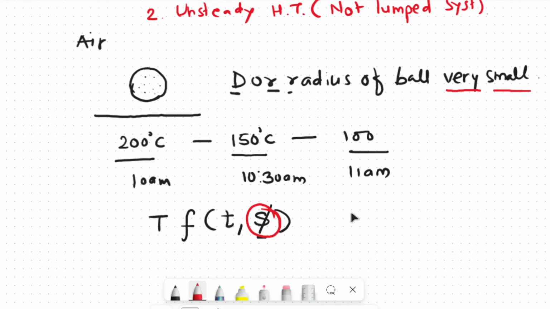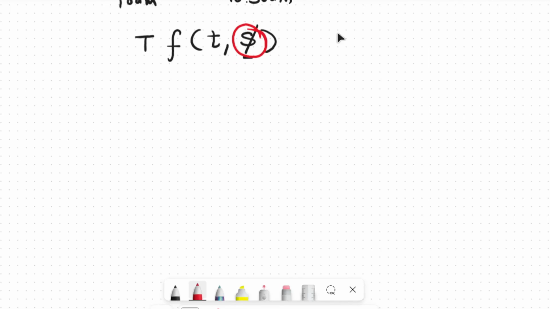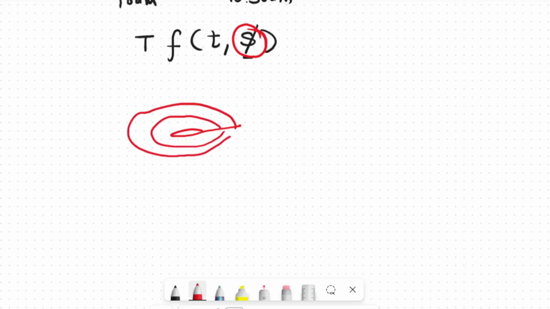Now take another example. We fry food materials. Okay, we Indians fry food materials. So suppose we have a chicken fried inside the oil and we remove it. So what will happen? Suppose this is the chicken, this is the inside surface of the chicken.